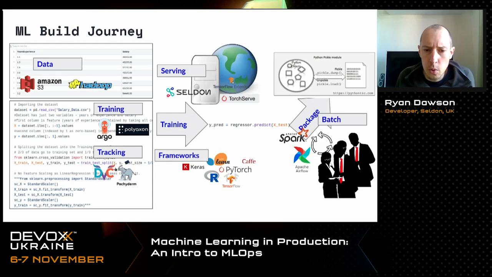Some real-time serving tools are specific to the framework, and some are more general. I personally work on Seldon, which is a framework-agnostic open source serving tool. The Seldon team also collaborates on another tool called KF Serving. Both of these are part of the Kubeflow ecosystem, which is an end-to-end platform.